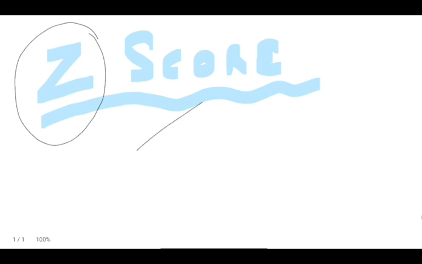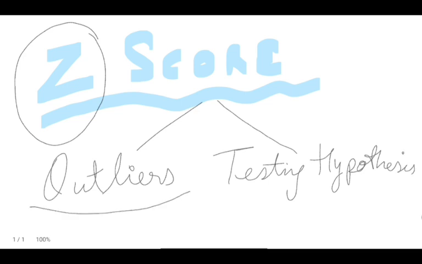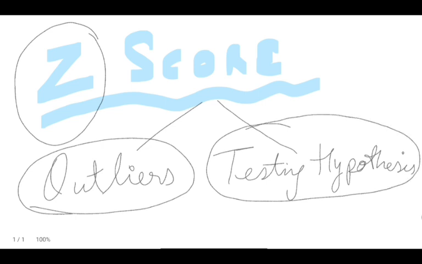One being assessment of outliers and the other being checking the significance of relationships or testing the hypothesis. So we basically use z-scores to check the outliers and test the laid down hypothesis.